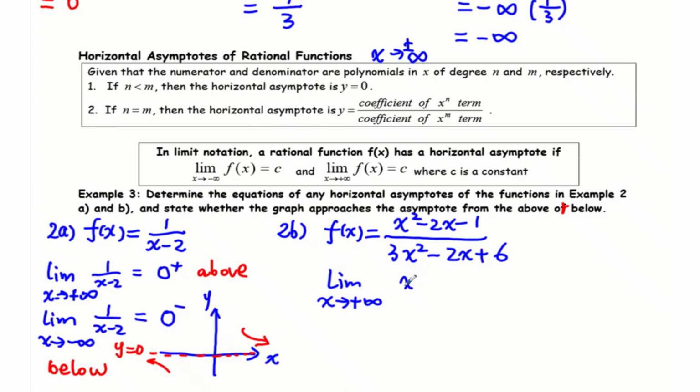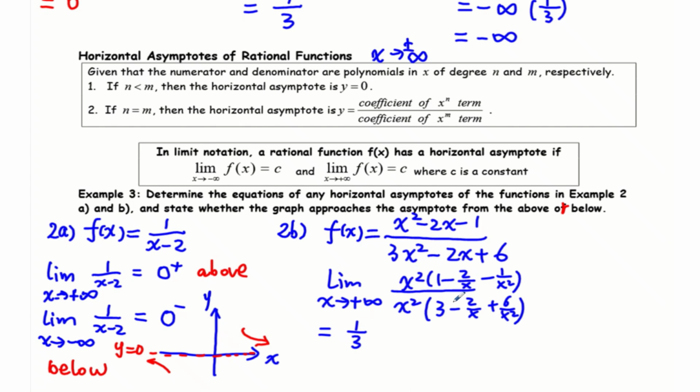Take x squared out, then we have 1 minus 2 over x minus 1 over x squared, over x squared times 3 minus 2 over x plus 6 over x squared. Then, cancel out, you have 1 over 3 left.